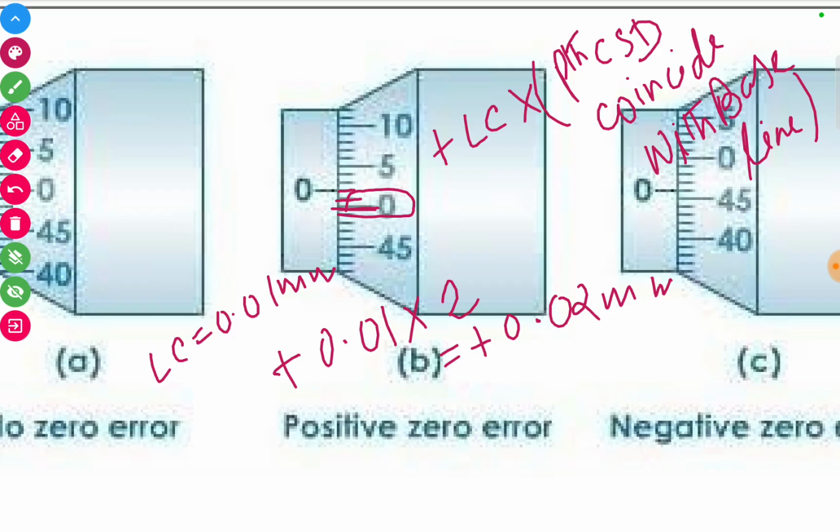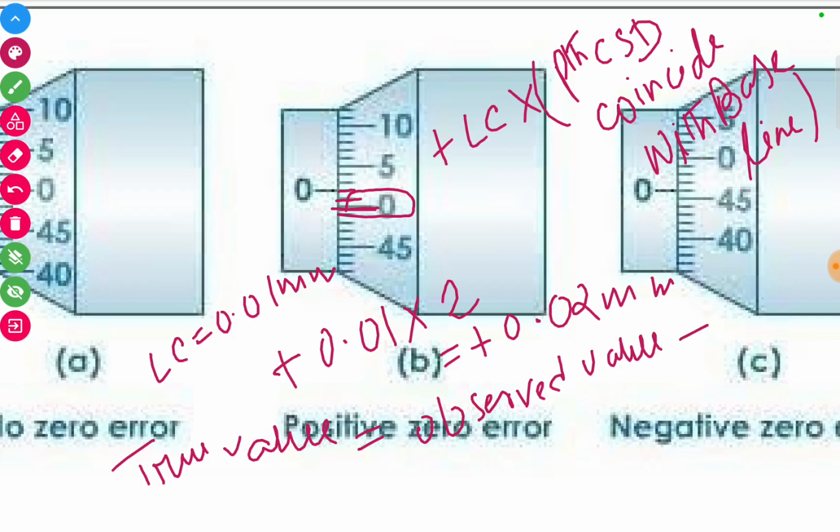Now how to get the true value? What is the true value? The true value is the observed value that we have already taken, minus the error, positive zero error or negative zero error, whatever will be there, the error with sign.